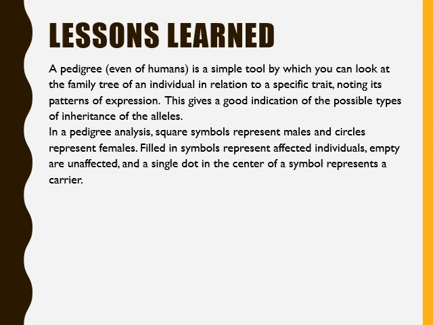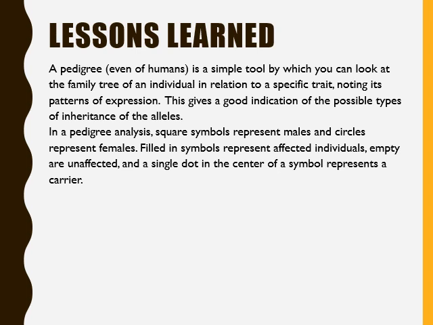So we can use pedigrees in order to figure out about Mendelian traits. We can use them to figure out is something dominant? Is it recessive? Is it autosomal? Is it sex-linked? We didn't do sex-linked ones, but is it? We can use family trees to figure out what is the possible inheritance pattern of this allele.